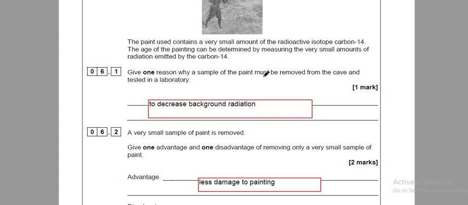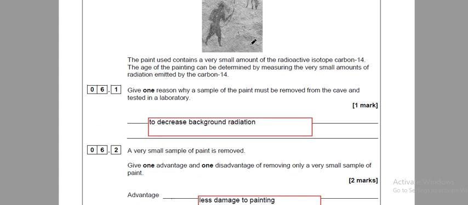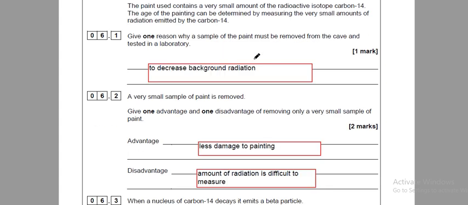Give one reason why a sample of paint must be removed from the cave and tested in a laboratory: to decrease background radiation, because the sample will be away from these old stones.